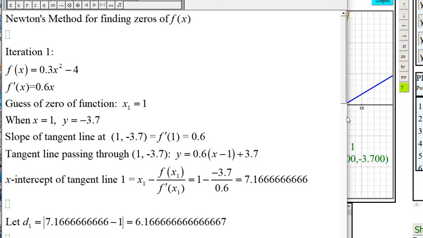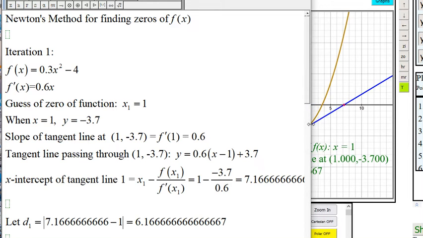And now what we want is the x-intercept of this tangent line. We want to know where the tangent line crosses the x-axis. So it looks like it's very close to 7. To find the x-intercept of the tangent line, we let y be 0 and then solve for x.